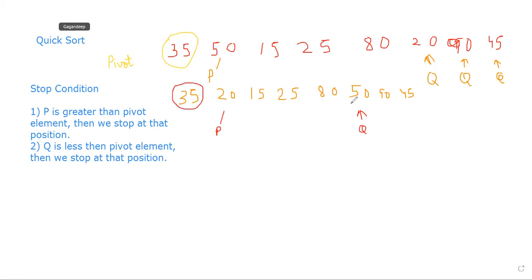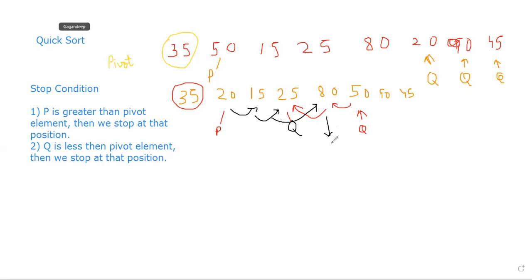We are moving to the 80. Then again we move to 25. So this is my new Q value. And P is again here, and again at 25, again at 80. Now P comes at this point, 80.